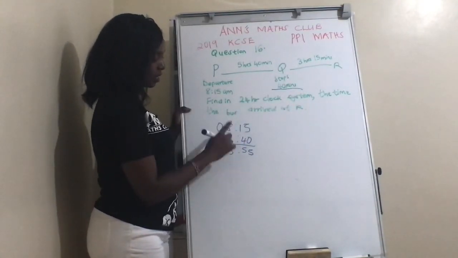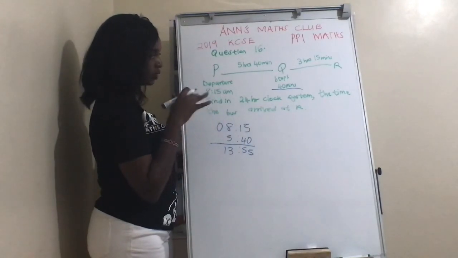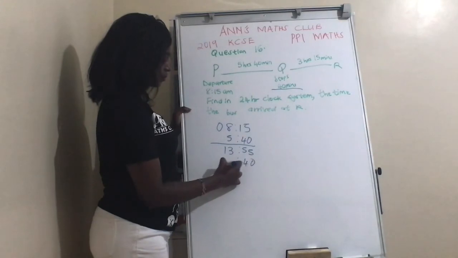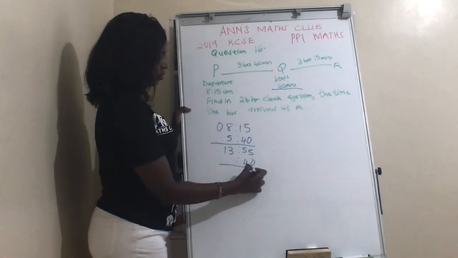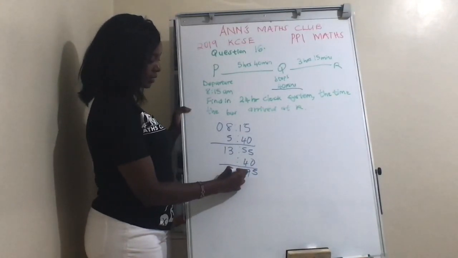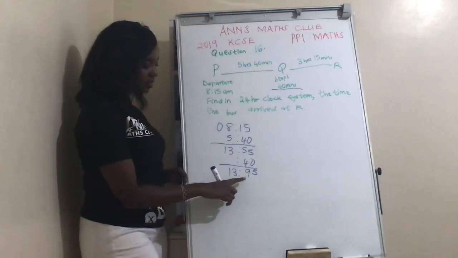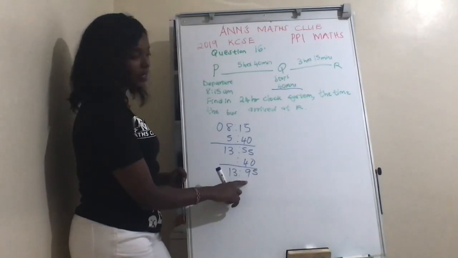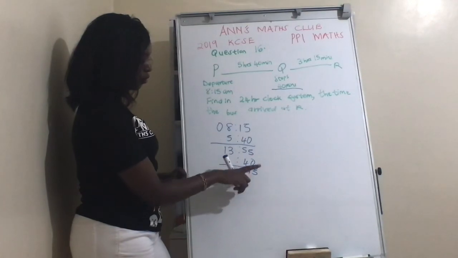And remember, we are told it always stops at town Q for 40 minutes. So we have to add the time it spent at town Q. You add the 40 minutes, and 5 plus 4 is 9. But since minutes only go up to 60, we have to convert this.